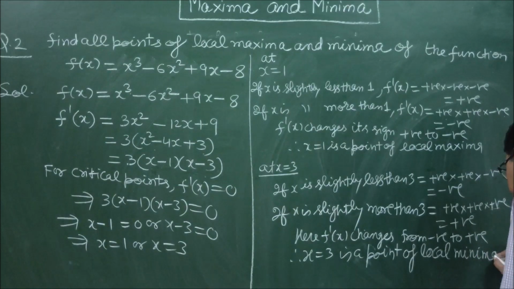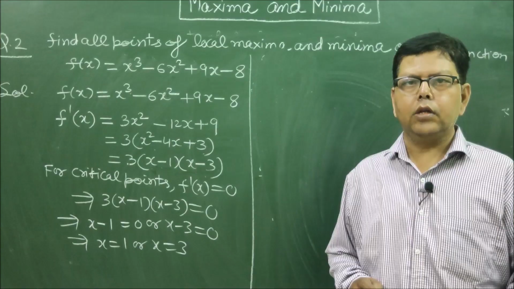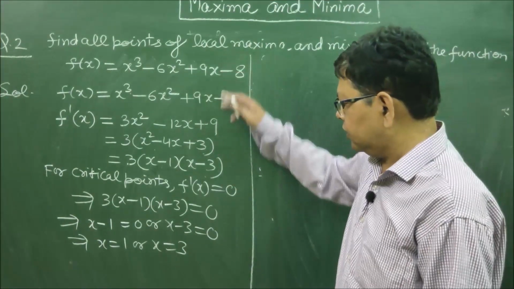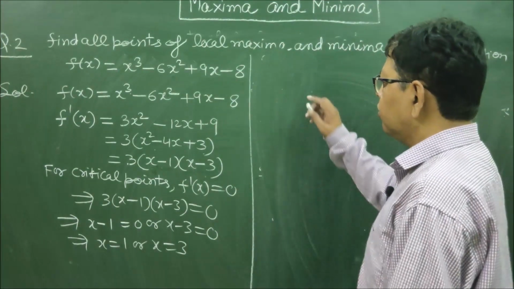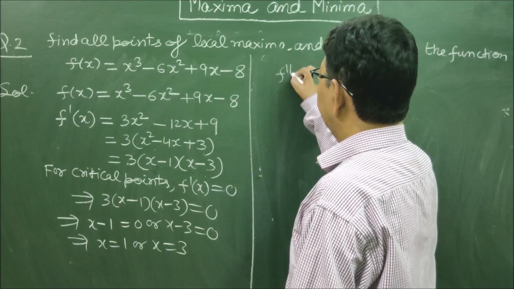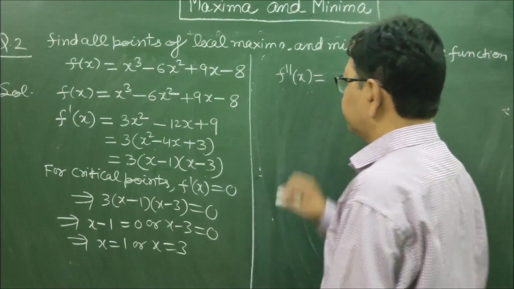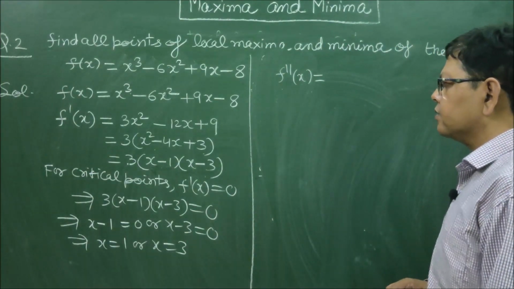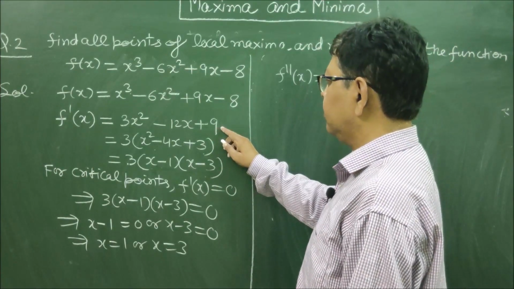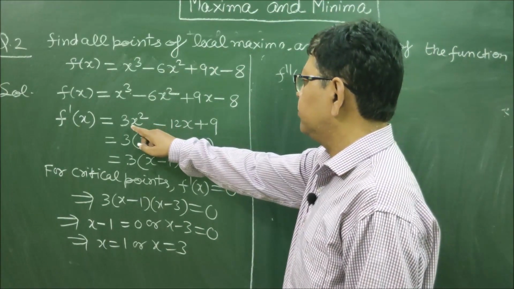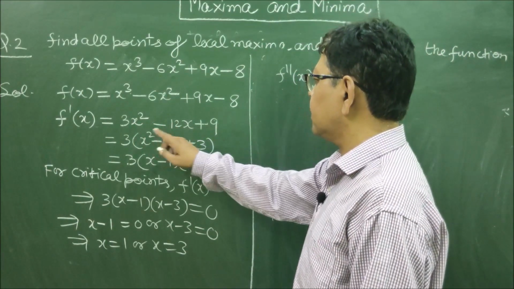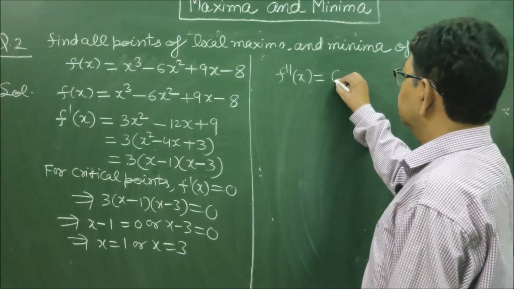So I have solved this question by the first derivative test. Now in the second derivative test these steps will remain the same. Let us find the second derivative f double dash x, which is equal to 6x minus 12.